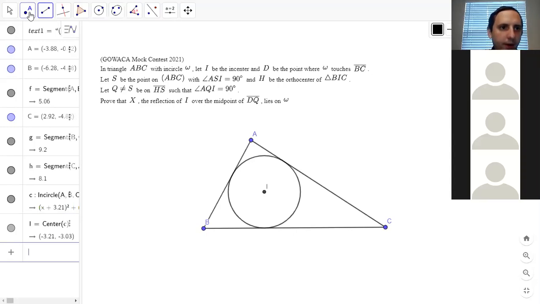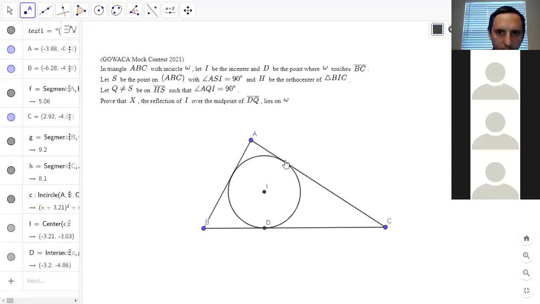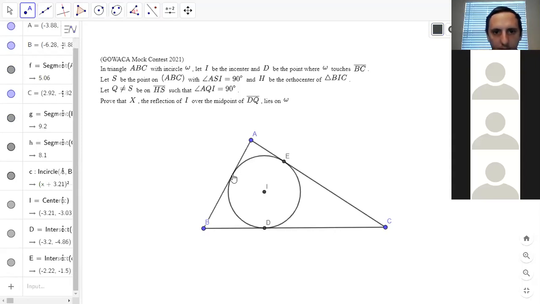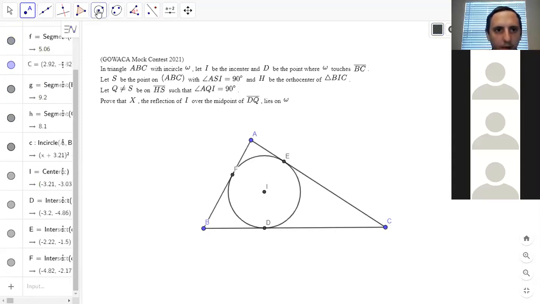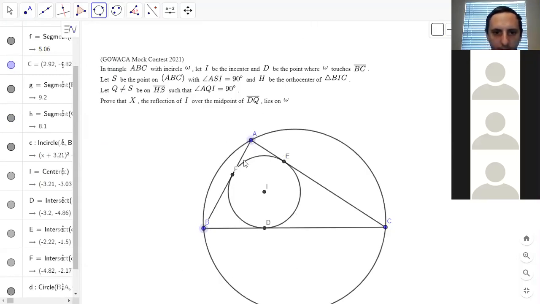Might as well draw E and F too, right? So B, E, and F. So S is the Sharkey double point. So we see where the circumcircle of AFIE goes.